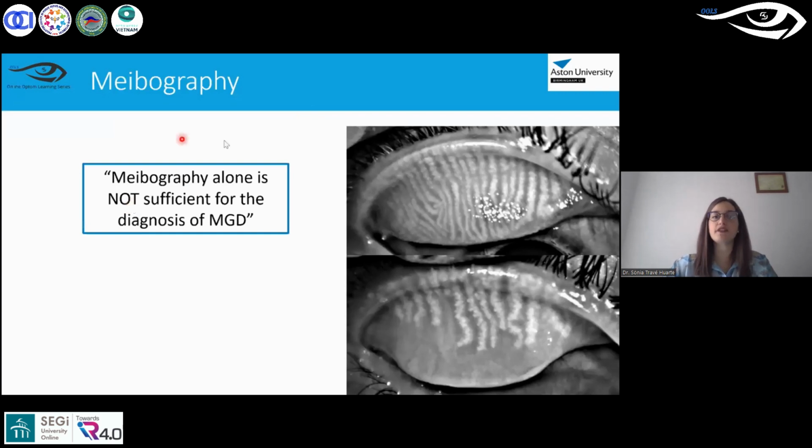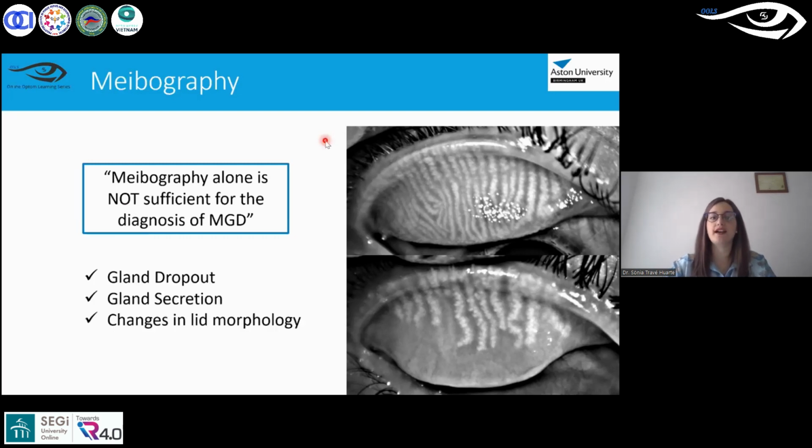The most important thing for me to get across is that meibography alone is not sufficient for us to say there's dysfunction of those glands. We need to look at how those glands work, the secretion and the lid that we've just assessed before. So we need to look at all of this at once.